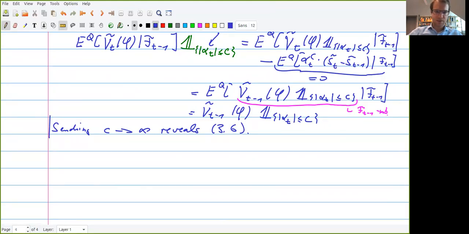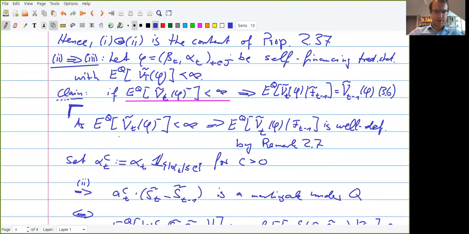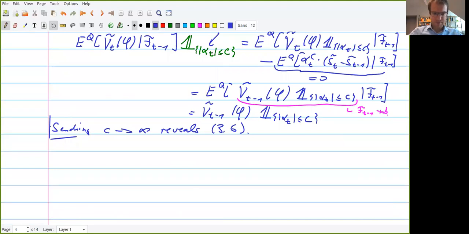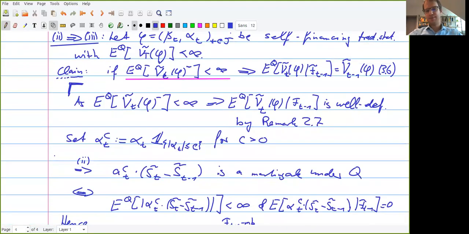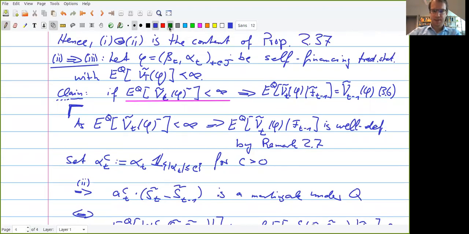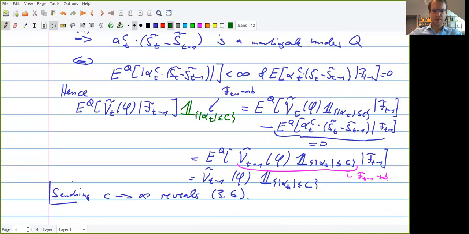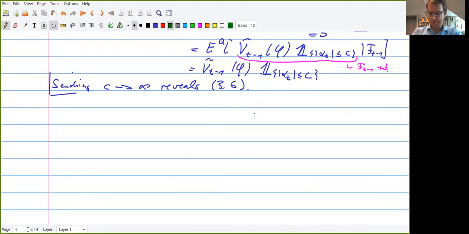So that's the end of the proof of the claim. Now for the last trading period, we already know that it's a Martingale, because at the beginning we assume, sorry, here's the minus missing. Okay. So for the last one, it's true. So the question is, how do we get the other ones as well?